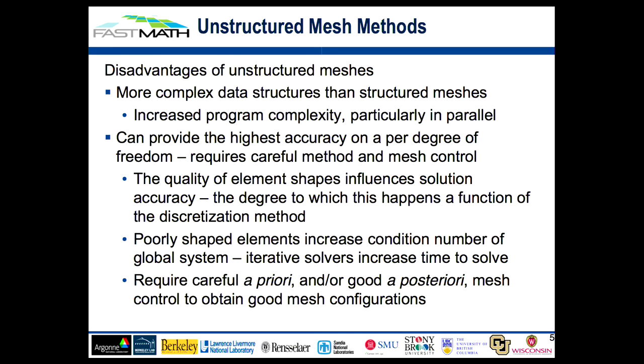However, they can provide the highest accuracy per degree of freedom if you're quite careful about how you do that. You have to be careful about the mesh layout and about mesh shapes. Of course, these things are a function of the discretization methodology. Some methods are more sensitive to element shapes than others, and how you bring them all together, and then how you interact with the solvers, which we will touch on.